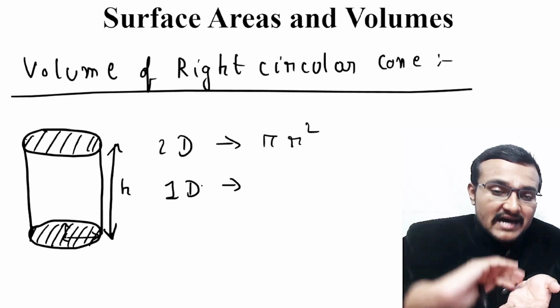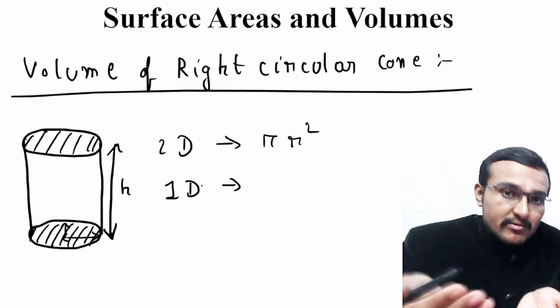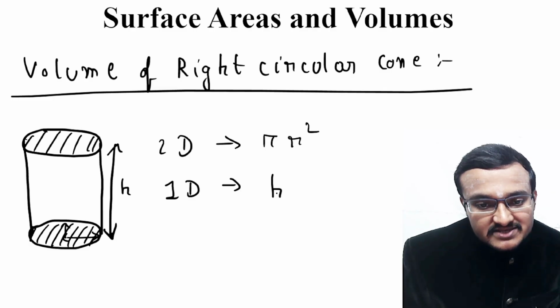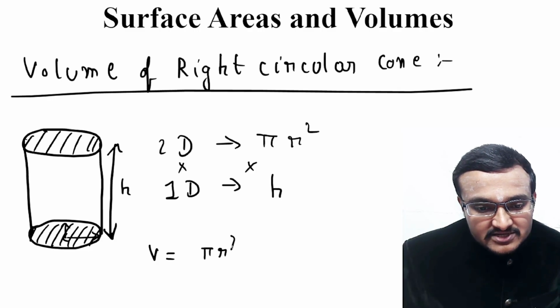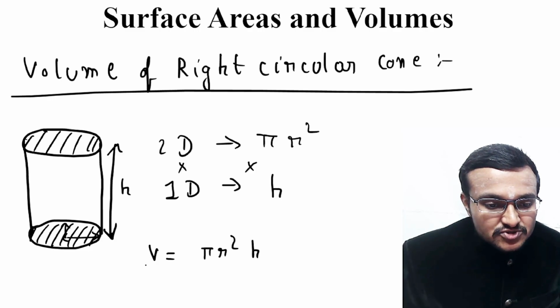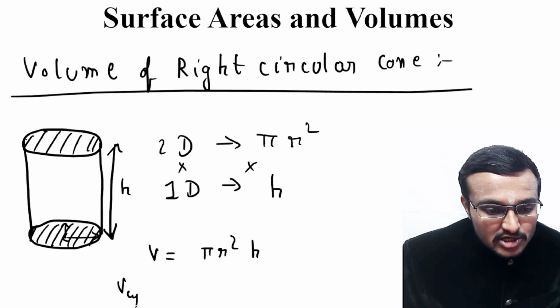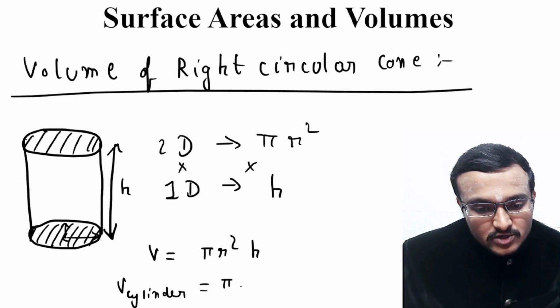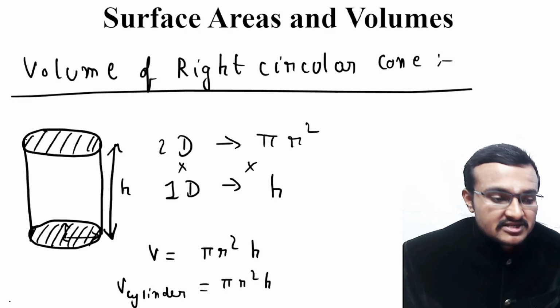But the height of the cylinder is one more dimension that you also have to consider. So in order to find out the volume of the cylinder, you have to multiply both of these. When you multiply, it will be pi r square into h. So this you have to remember: volume of a cylinder is equal to pi r square h.